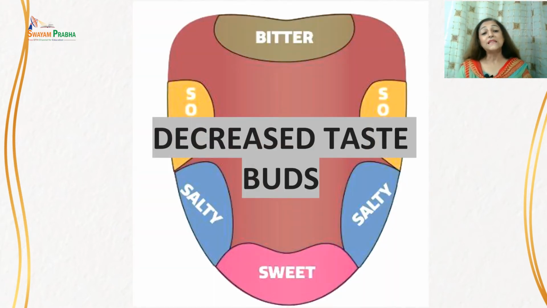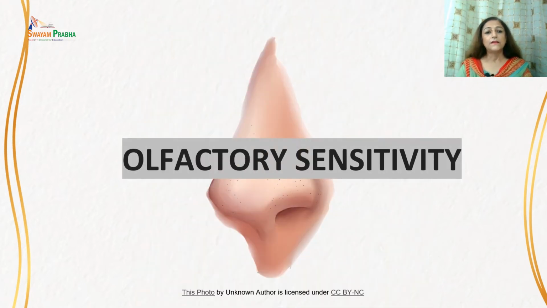There is a decrease in the number of taste buds on the tongue, and as a result the ability to taste salt is very much decreased among elderly, but this same sensation in the case of sugar is not altered that much. Besides, there is a reduction in olfactory sensitivity also, which decreases the ability to detect the flavor of the food.